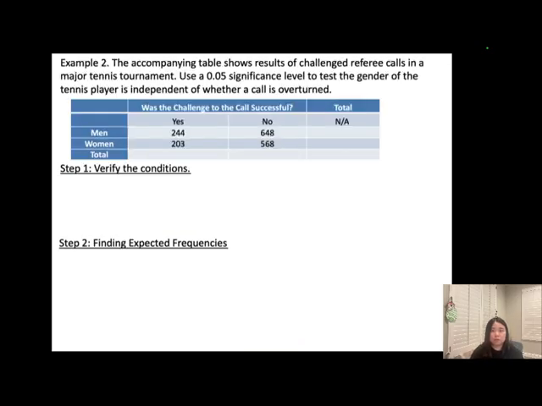Okay, last example. I want you to try. Fill out the totals, grand total, verify the conditions first.